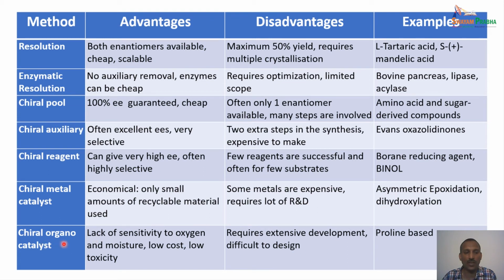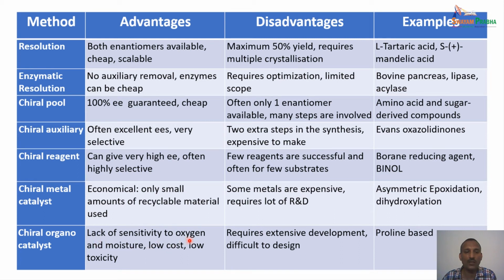And the last one is the chiral organocatalyst. The major advantage of this one is, in the case of chiral metal catalysts, they are prone to undergo oxidation and they are sensitive to moisture. So these two are the major limitations of using chiral metal catalysts. But the organocatalysts are very good in that particular case.